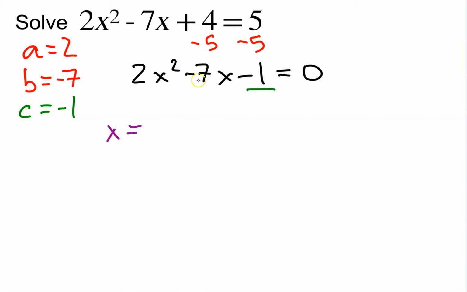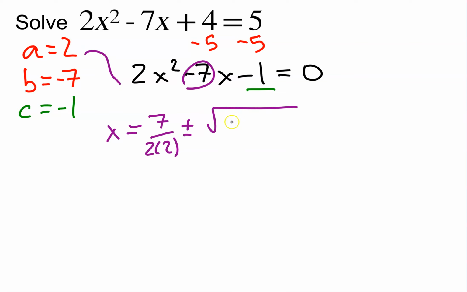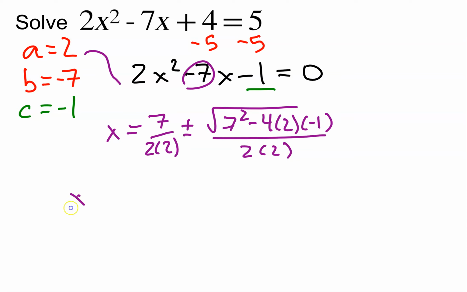I know that x should equal the opposite of b. Since b is negative 7, I should write positive 7 over 2 times a, which is also 2, plus or minus the square root of 7 squared minus 4 times 2 times negative 1. So let's make sure we take care of that properly again. Over 2 times 2.